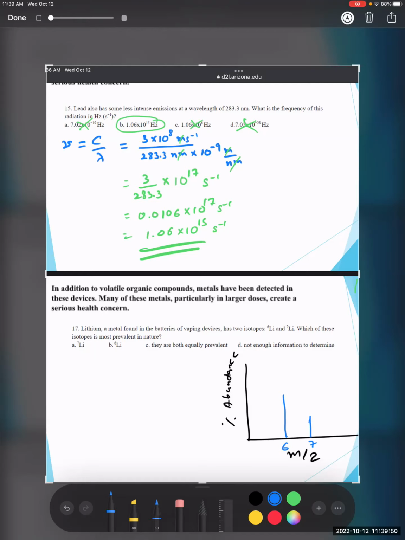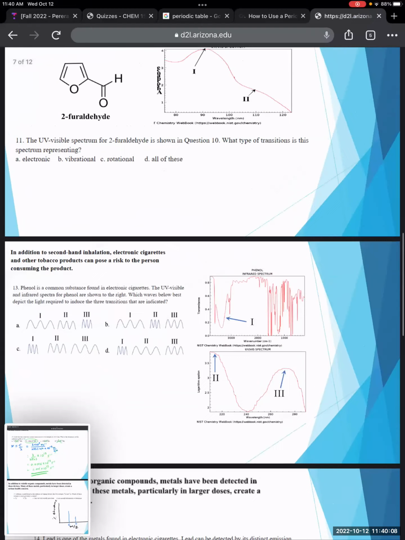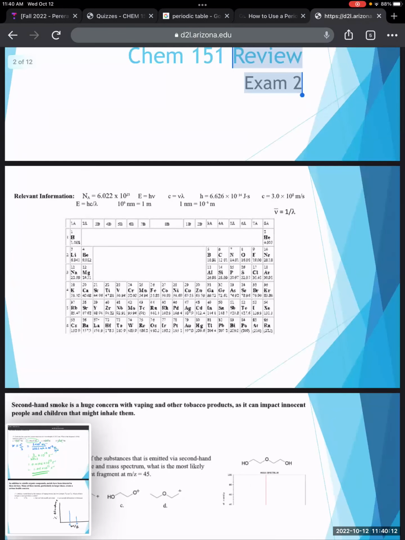Now, if we go to the periodic table, I think there's a periodic table. Let's come back to this. All right, here's the periodic table. You see that lithium is the third one over here. It's not that clear actually. So lithium is the first element in the 2nd period.